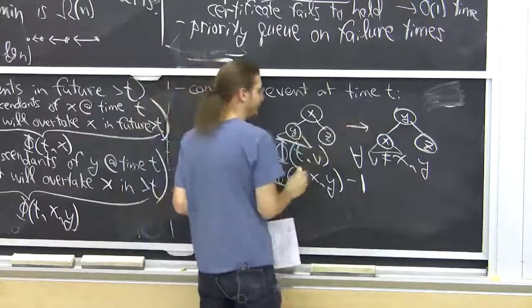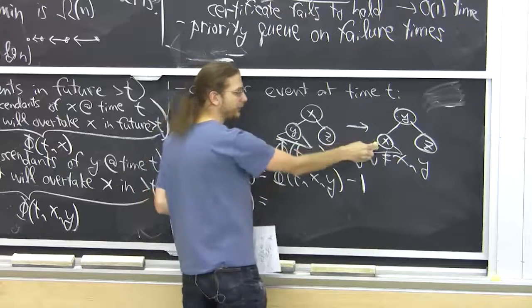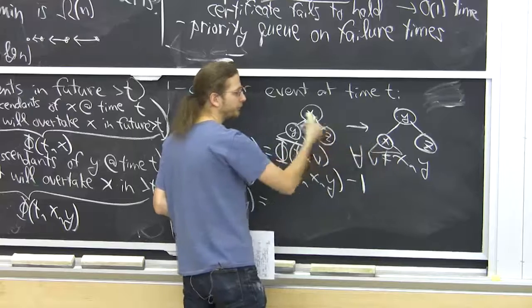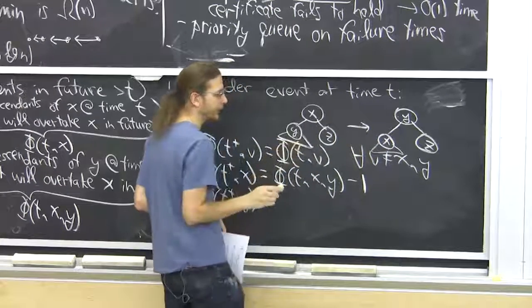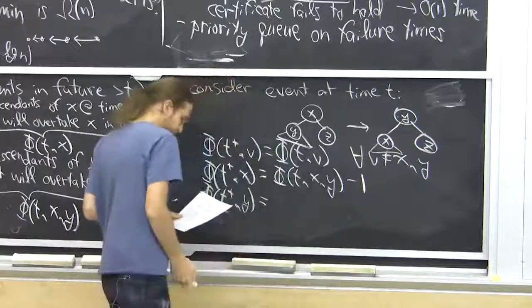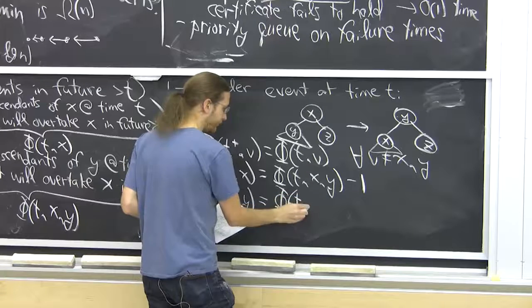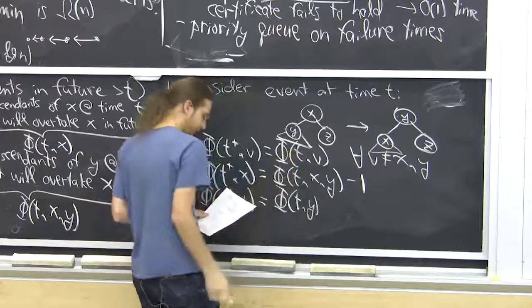Y has new descendants now. It used to just have this many descendants. It still has those descendants. It now has x, which doesn't matter if we assume they'll never be overtaken again. And now it has this whole subtree of z. So we have whatever it used to have, which is phi of t y, that's all its old descendants.